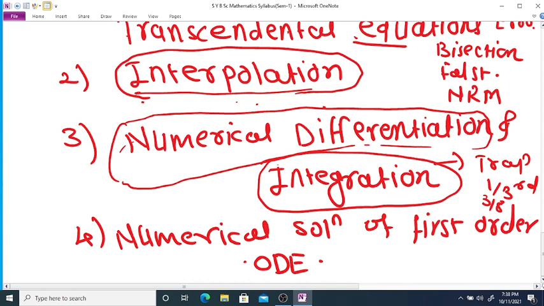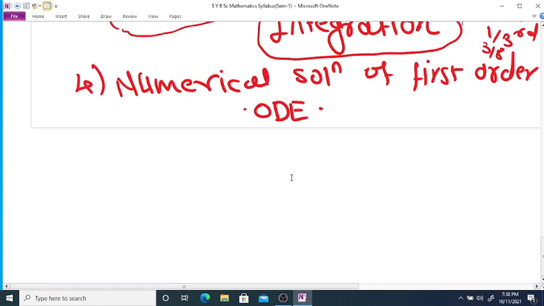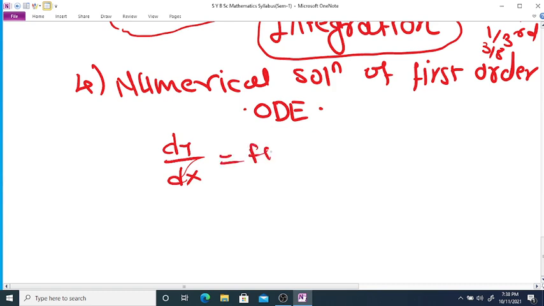Now in numerical solution of first order differential equation, here we are going to solve numerically the first order differential equation dy by dx is equal to f of x, y by using Taylor series method.